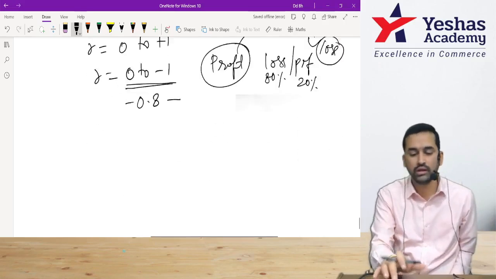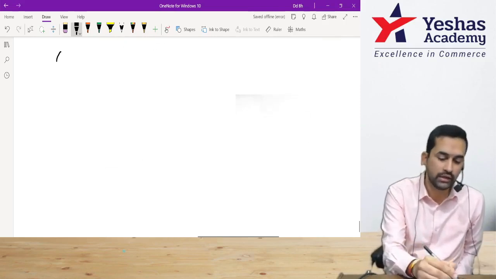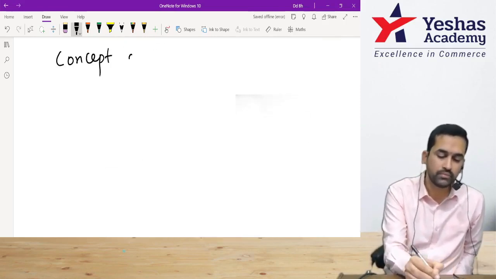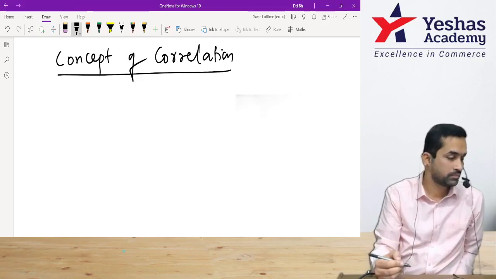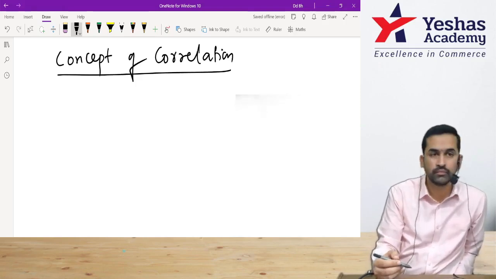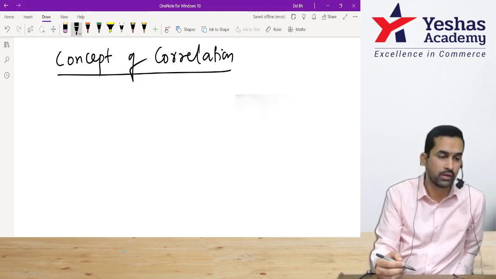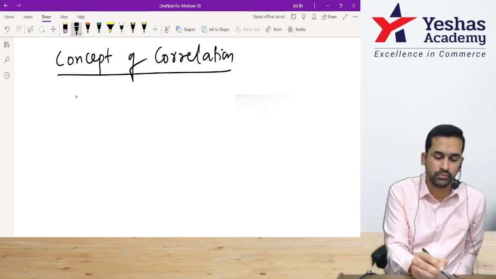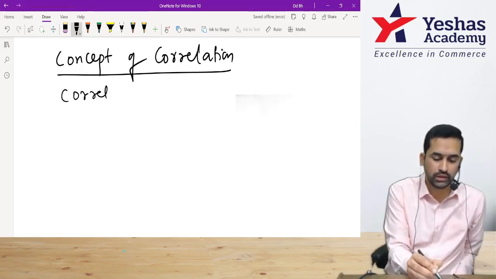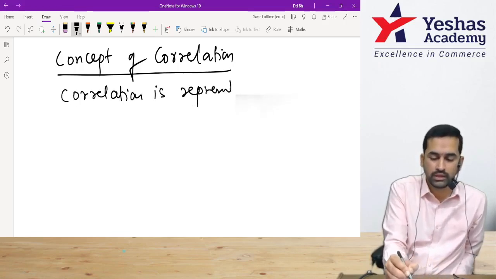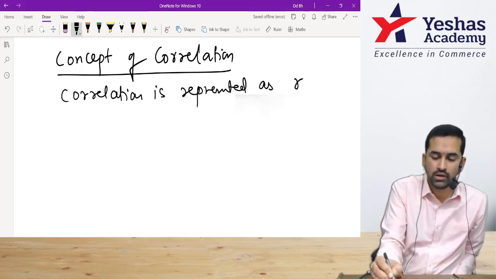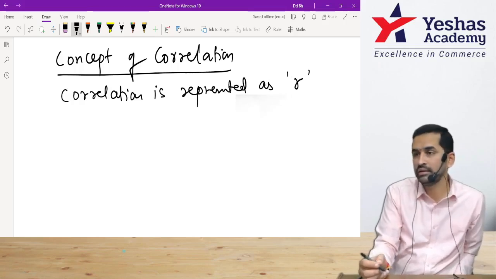Clear? Right now in page 198, heading concept of correlation. Correlation is represented as small r.